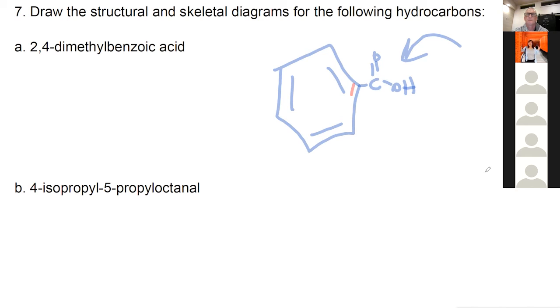Carboxylic acids are pretty much always at the end of a linear molecule, because the carbon has a single bond, so you can't put it in the middle. So it's always going to be carbon 1.